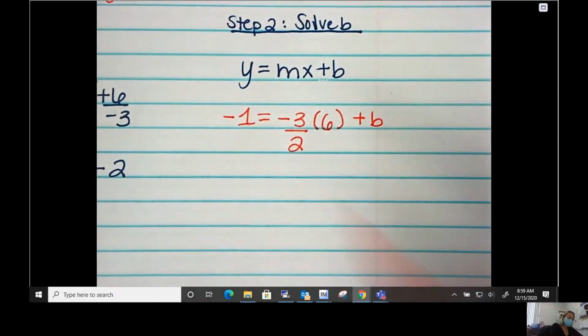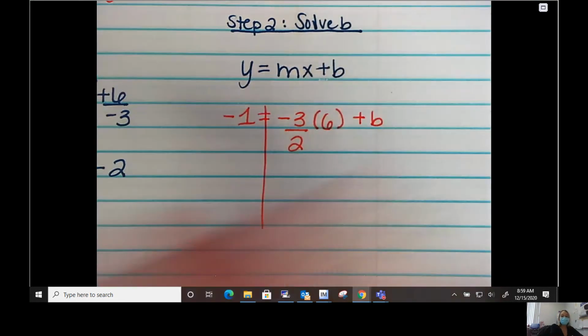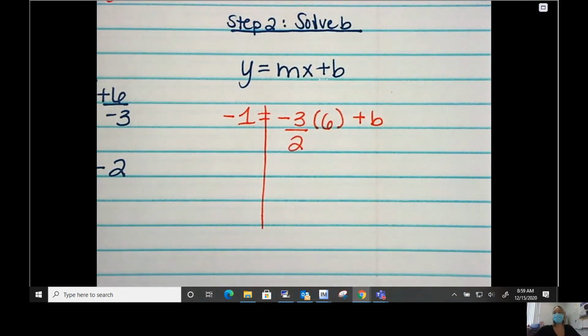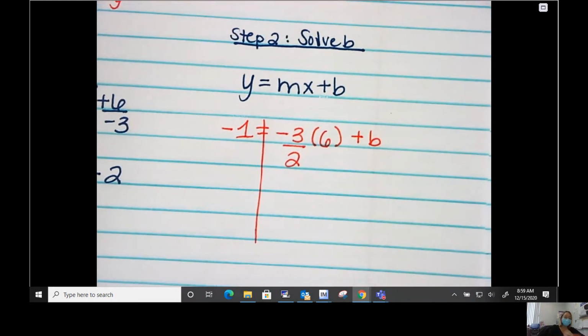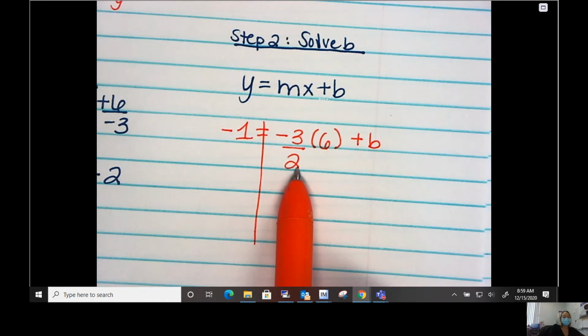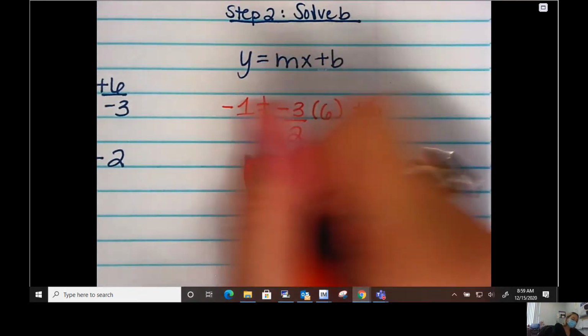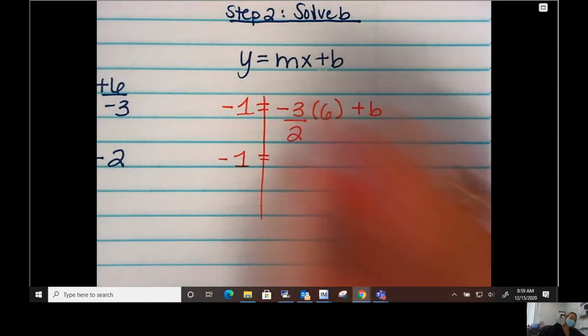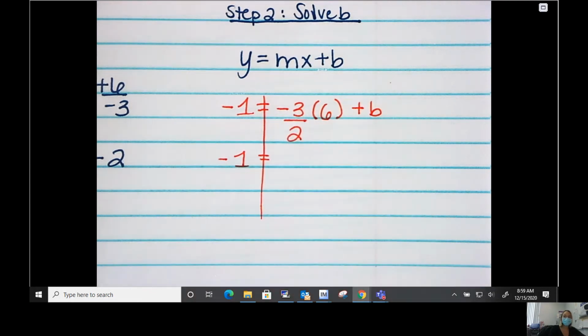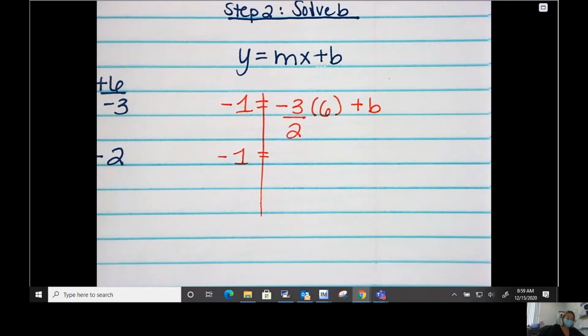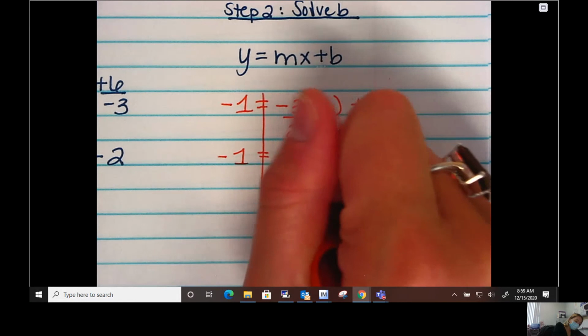All right, now do not let the fraction scare you. There's nothing scary about a fraction. All you have to do for a fraction is multiply on top and then divide by the numbers at the bottom. Super simple. So what is -3 times 6, the numbers on top? -18.